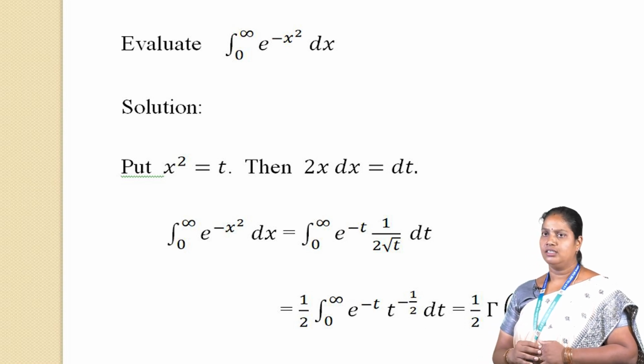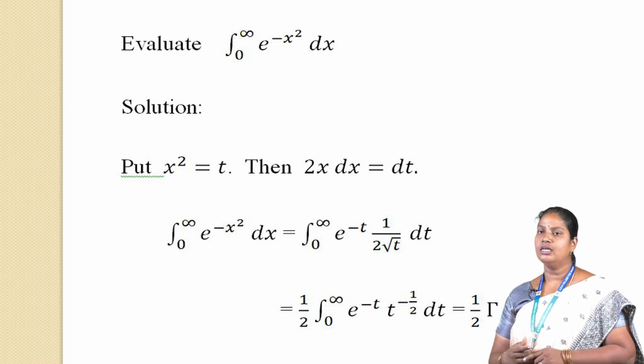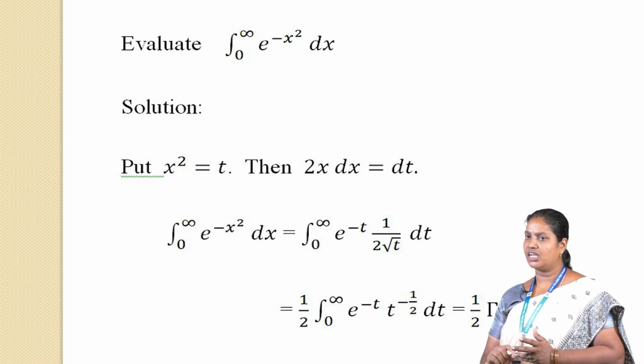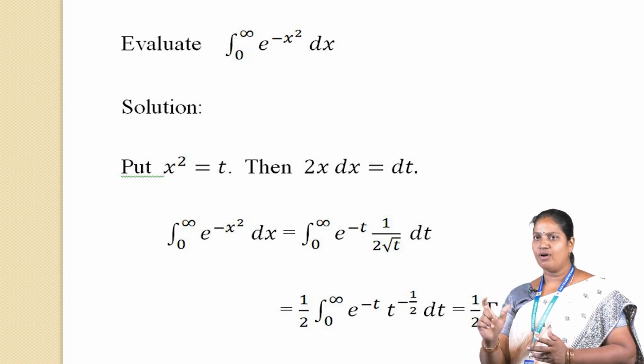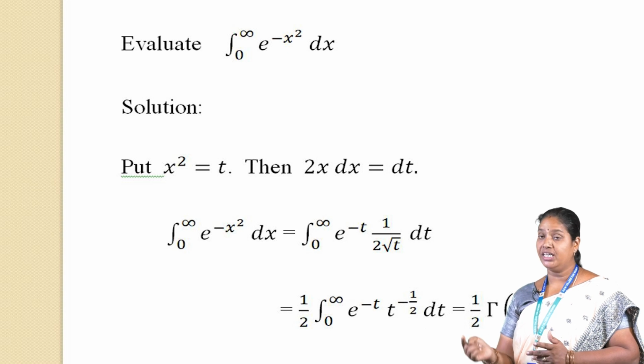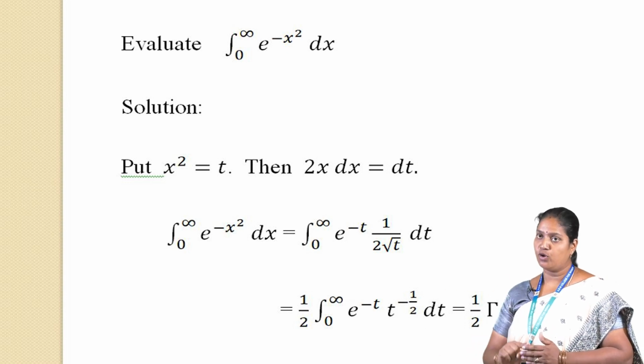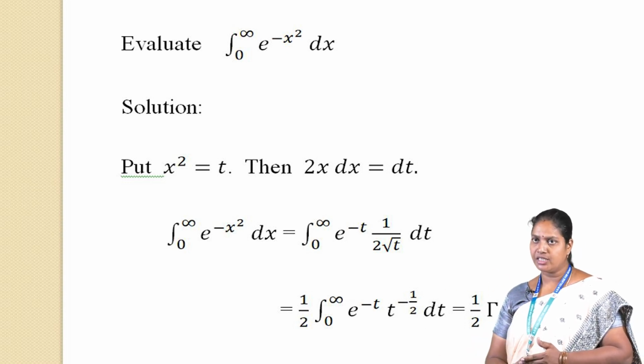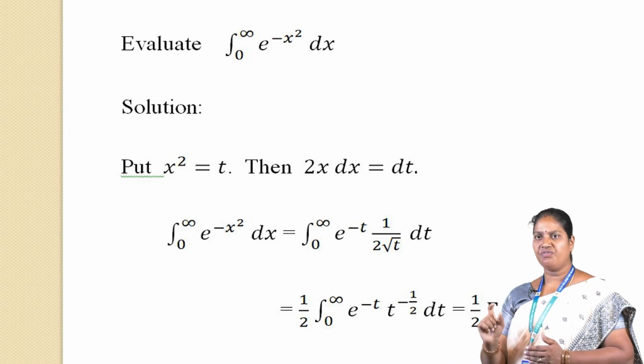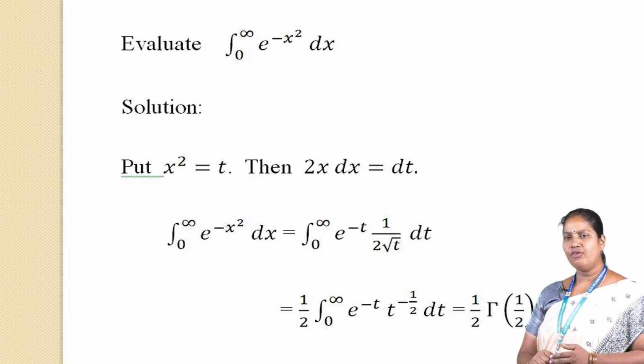For that I am taking a substitution method. In the gamma function, gamma of n equals integral 0 to infinity e power minus x into x power n minus 1 dx. Here in the place of x there is x square, so we have to remove it.